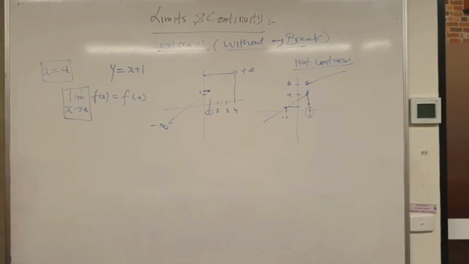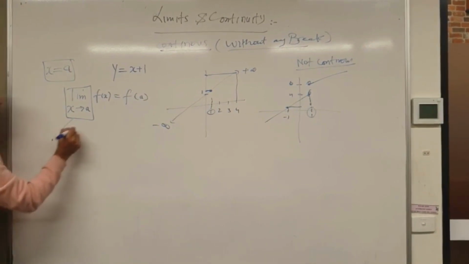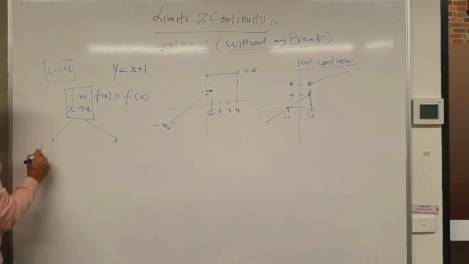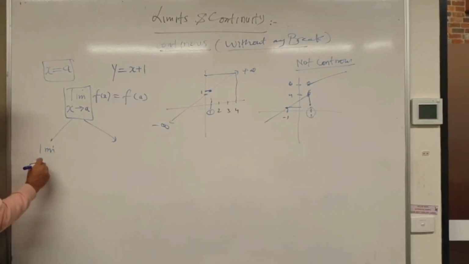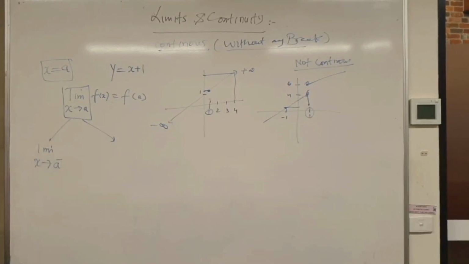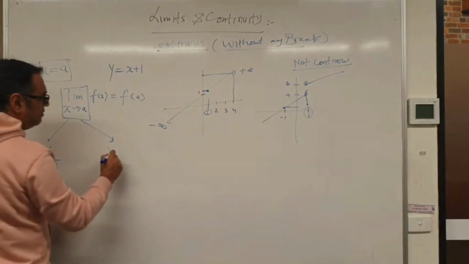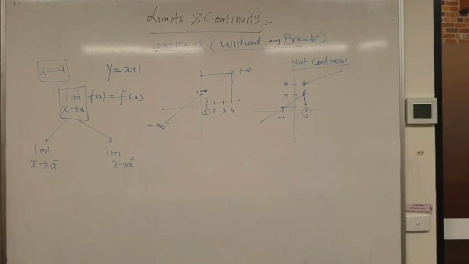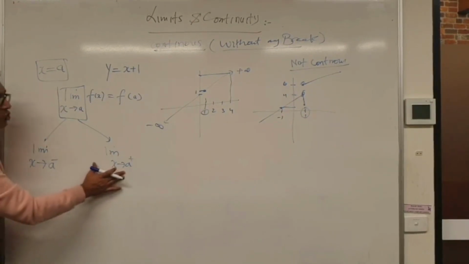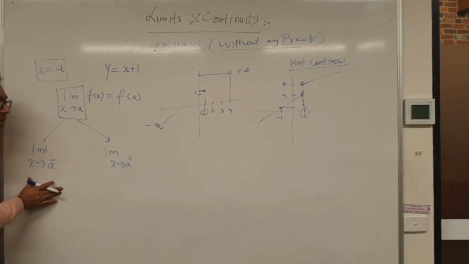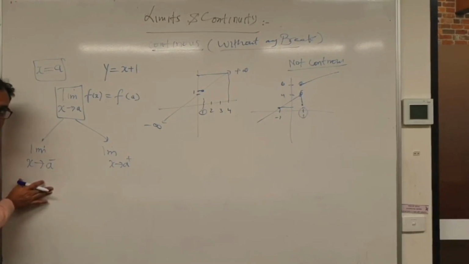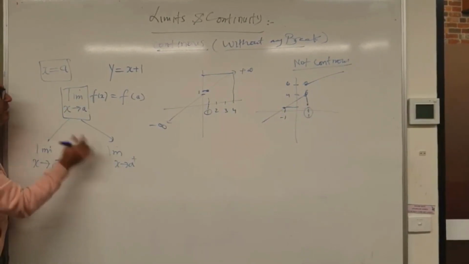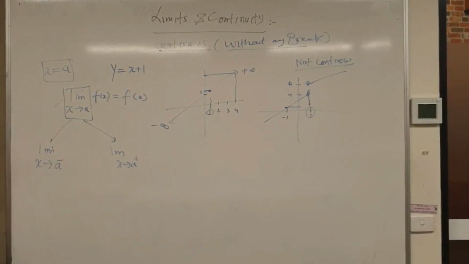This has two branches, the left limit and the right limit. Both should be equal. If both are equal, I don't have to write them separately. I should just write it like this.